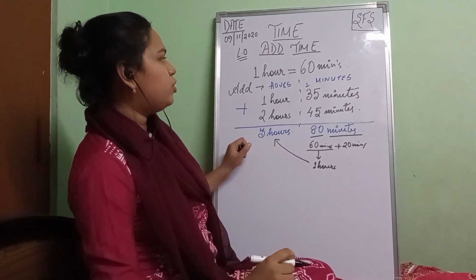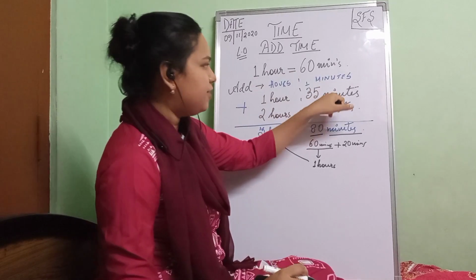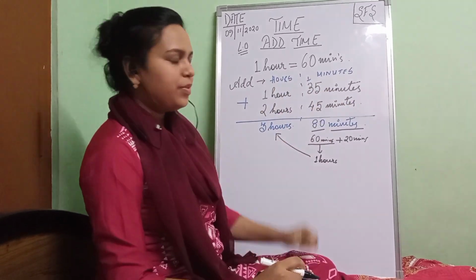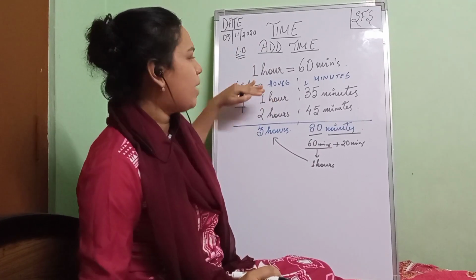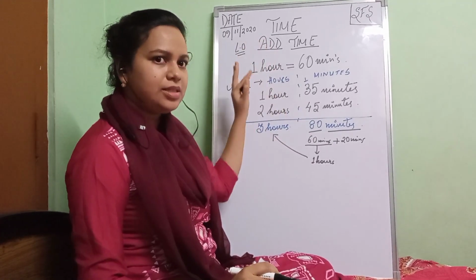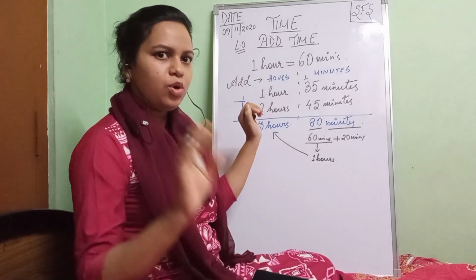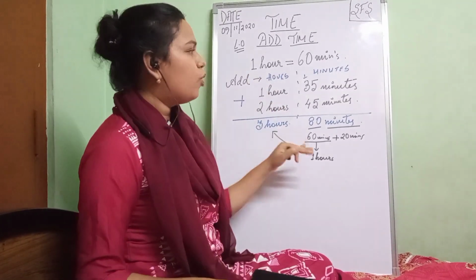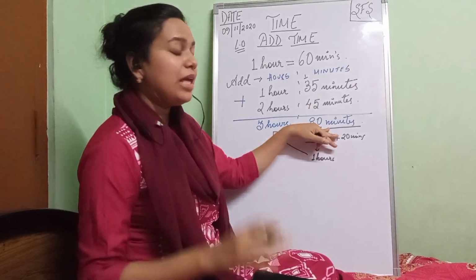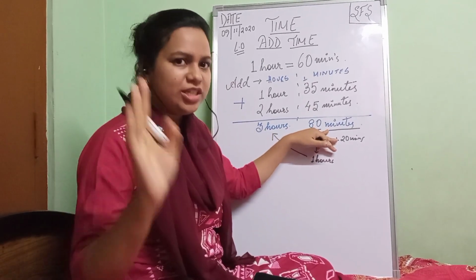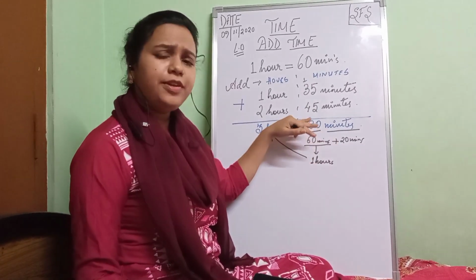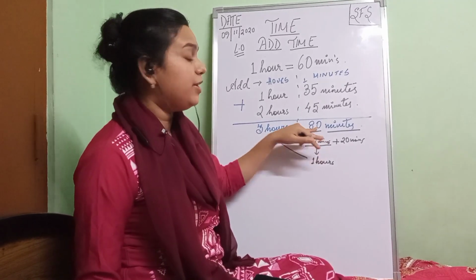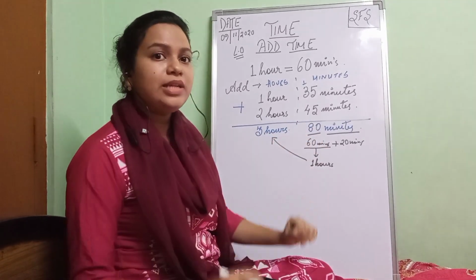So if you have to add 1 hour plus 35 minutes with 2 hours plus 45 minutes, first thing, you add them separately in the minutes house and in the hours house. After you add it together, you check whether the minutes are less than 60 or greater than 60. If it is less than 60, you keep it as it is. If it is greater than 60, what does it mean?